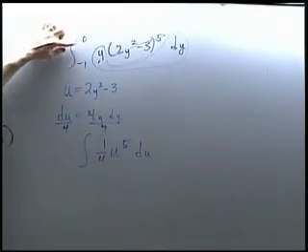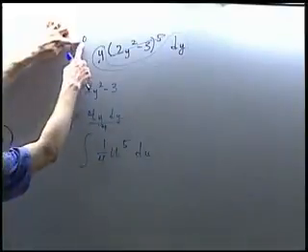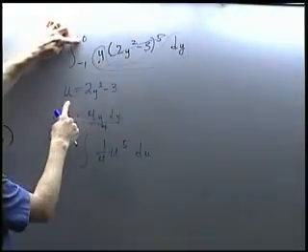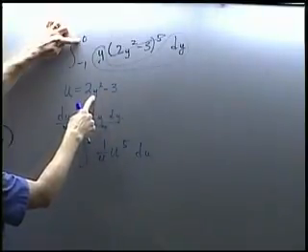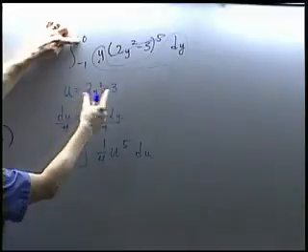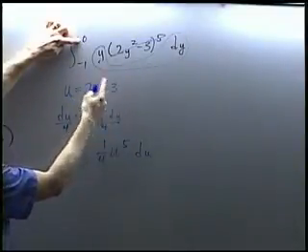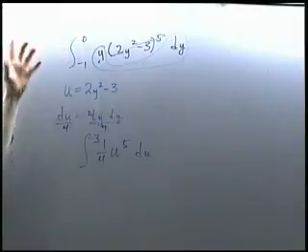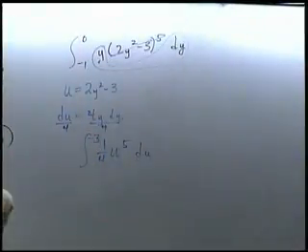So I'll start with the top here. I'm going to take this 0, which is really a y-coordinate, and sub it into this equation. If I sub in 0 for y, what do I get? I get u equals -3. So I'm going to replace this 0 with a -3. Because I have changed over to u's, I need to change my boundaries over to u's as well.